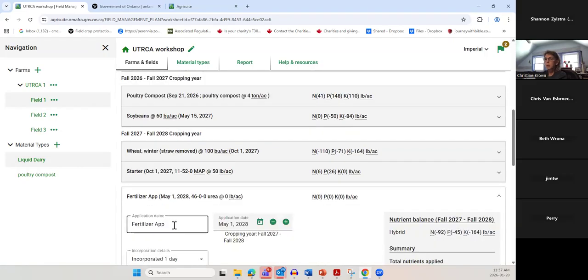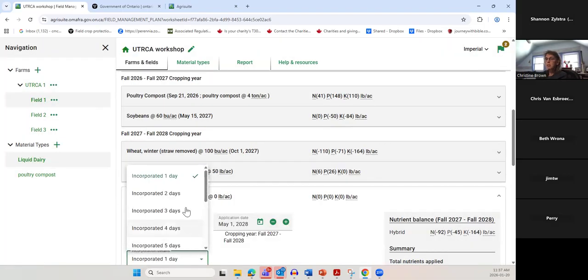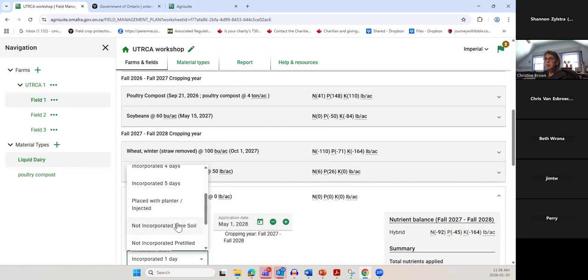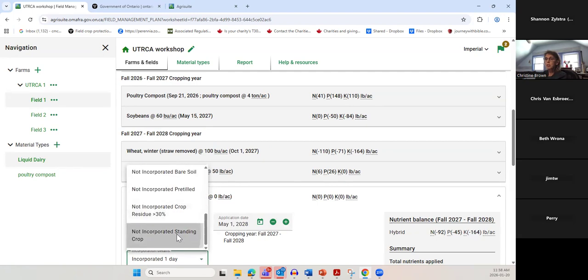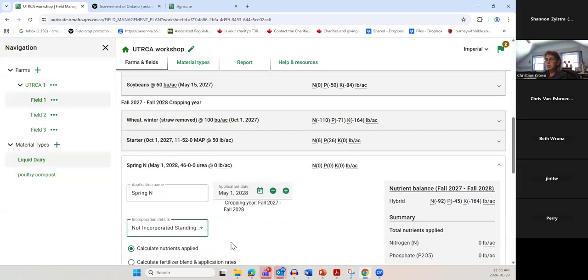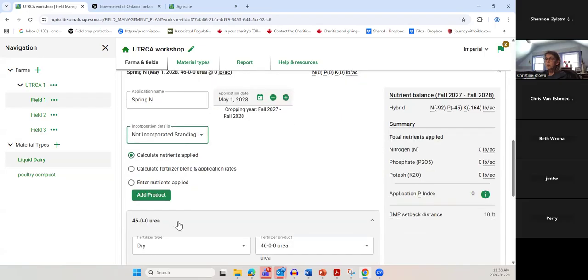I want my spring N. In this case, we're going to say that it's broadcast into a standing crop because the wheat's there. And I'm going to apply urea.